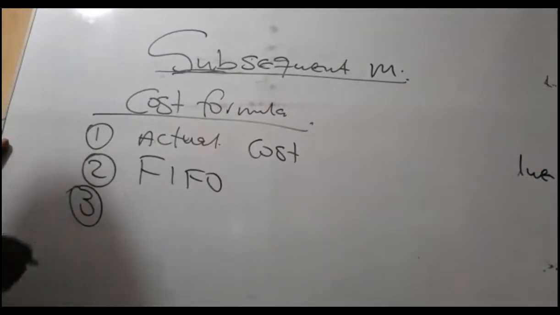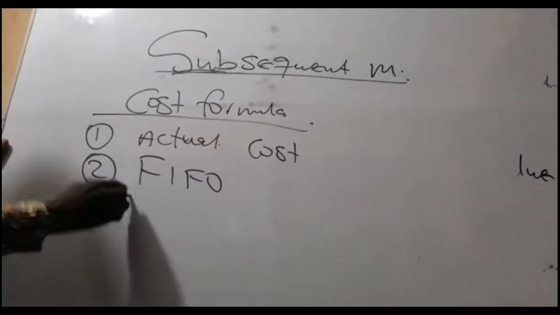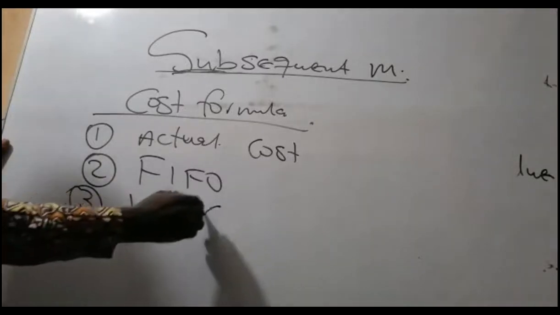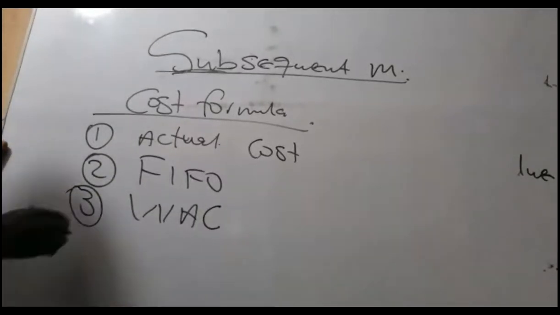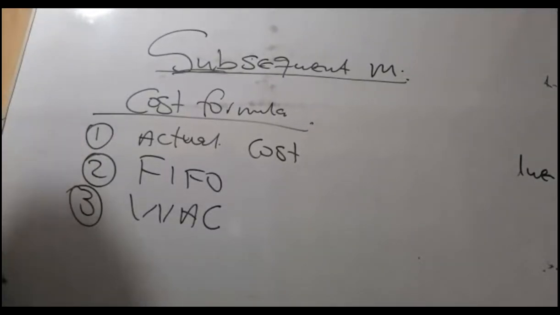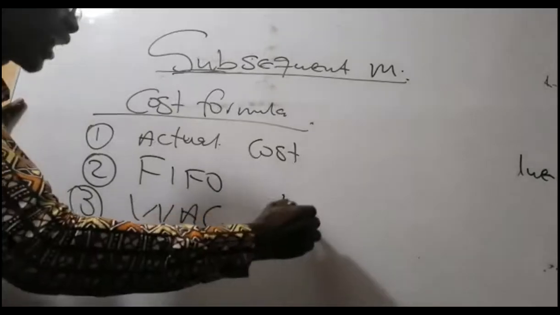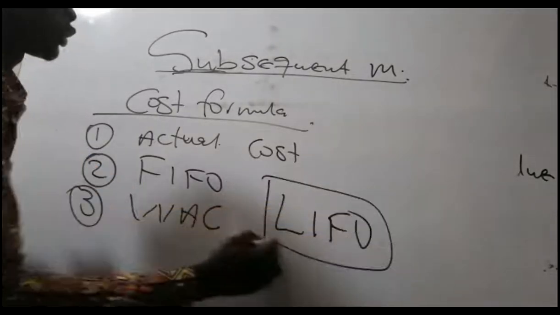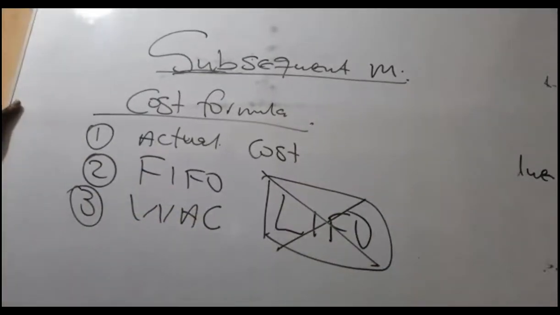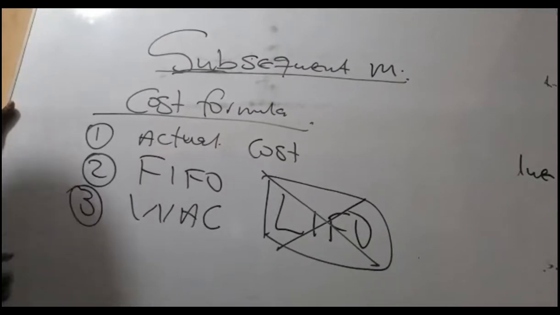Three, you can use the weighted average method or weighted average cost. Or you can also use the standard price. Please note again, LIFO is banned by IAS. So we don't use LIFO in estimating the cost of the goods, to find the closing inventory.